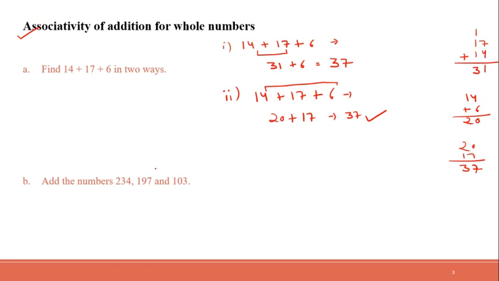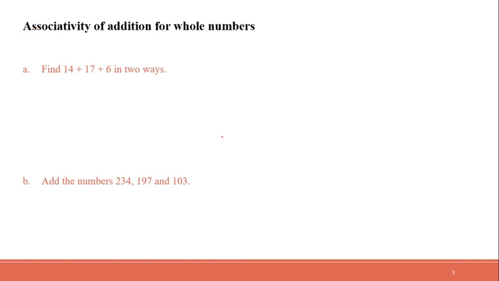Now come to our next question. In this second question it is written 234 plus 197 plus 103. Now I want you guys to tell me which two numbers I should add first so that our calculation can be easier.